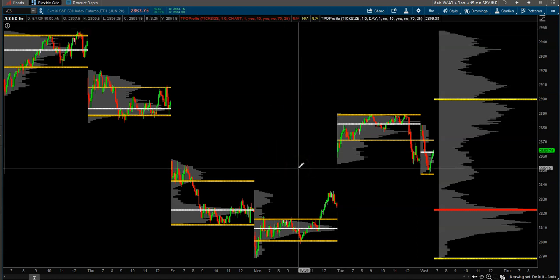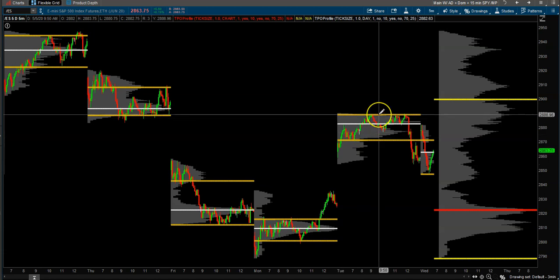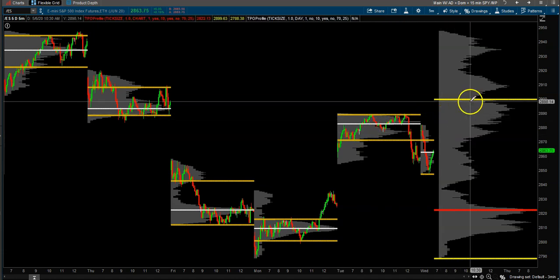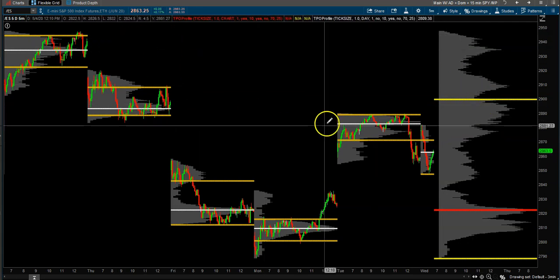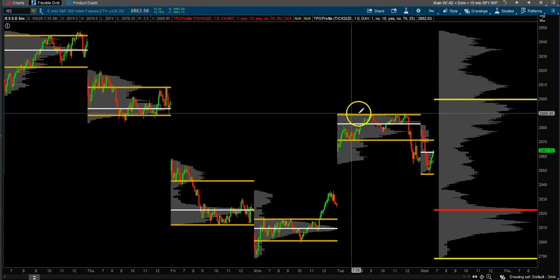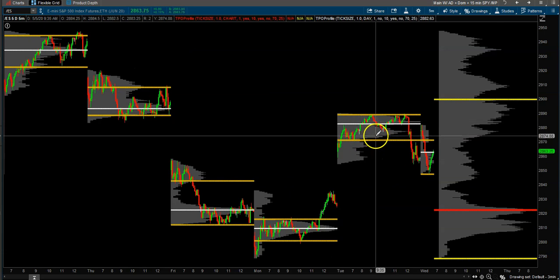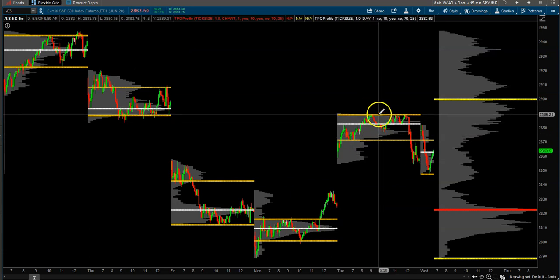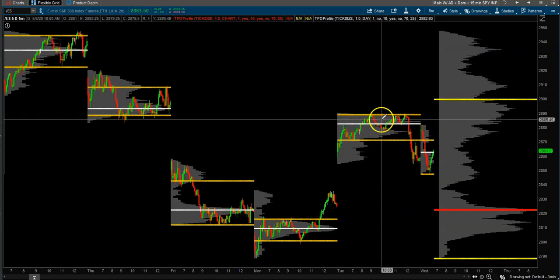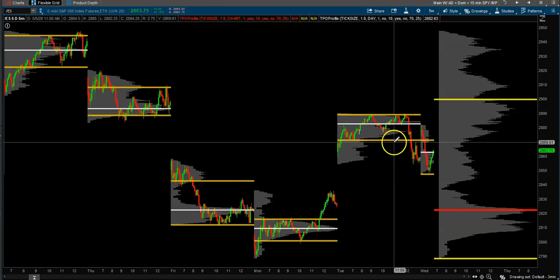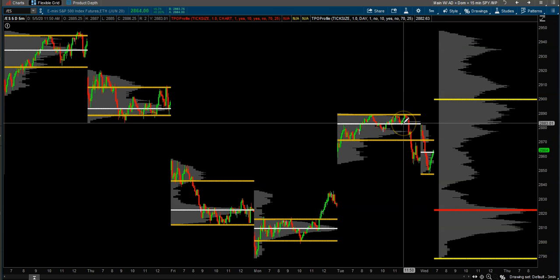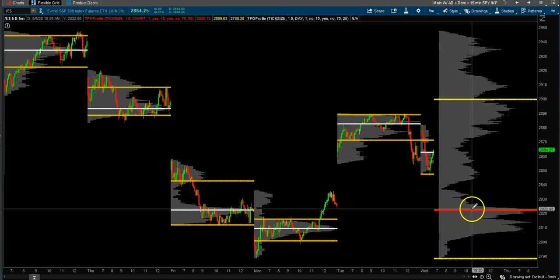So today we're going to discuss value area high and low. Okay, so we'll start off with these are daily 5-day 5-minute chart with daily value areas. The yellow lines are the value area high, value area low, and then the white line here is the point of control.